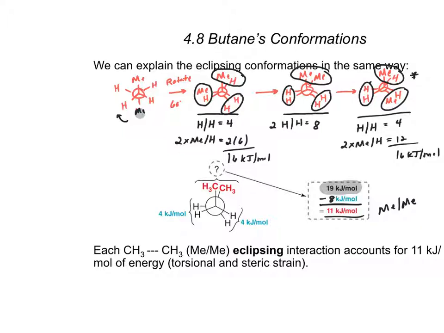And the reason for that is, again, the torsional strain, which we've already talked about for the hydrogen-hydrogen. But now, when this moves into an eclipse with a methyl-methyl, we've got a big electron cloud. So this increase in energy also has to do with the steric hindrance, the steric interaction, okay? So the reason why this one costs so much more is sterics as well as torsional strain.